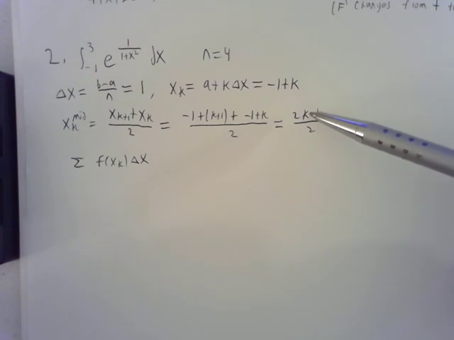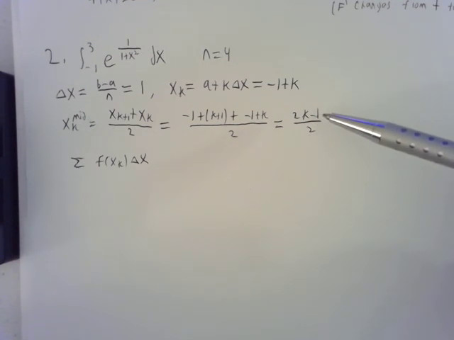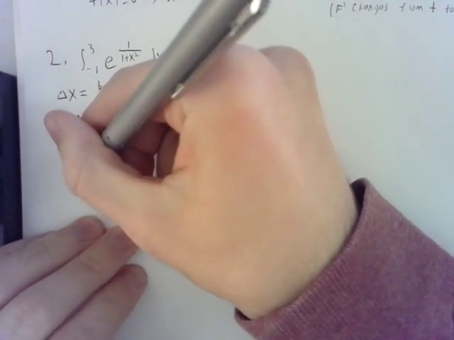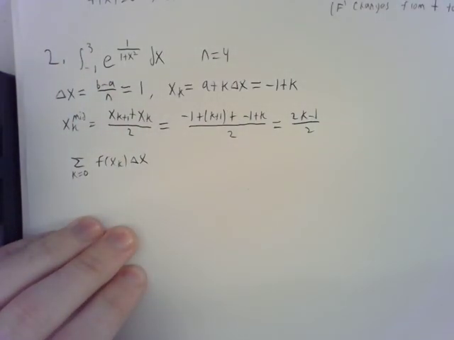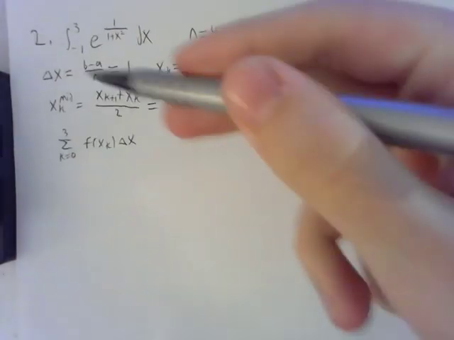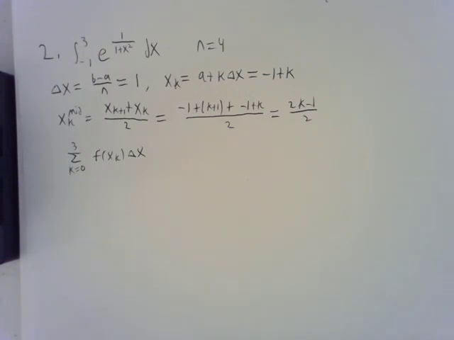If we plug in k equals 0, then we'll get -1/2 here. So that will be the first midpoint that we encounter. So we want to start at k equals 0. And then since we have 4 pieces, we go up to 3, right? 0, 1, 2, 3.